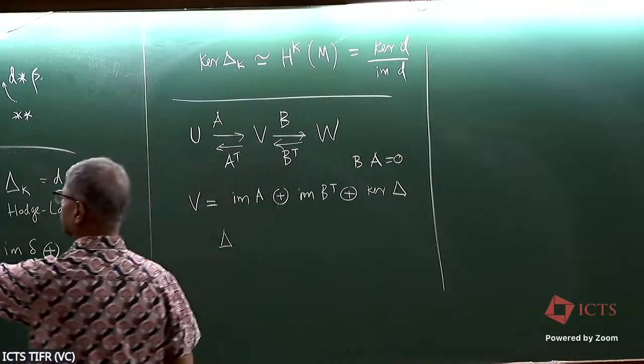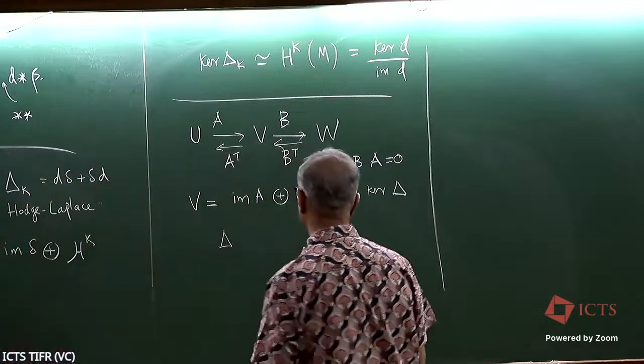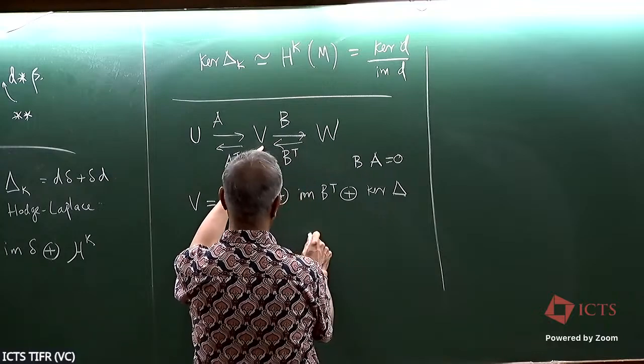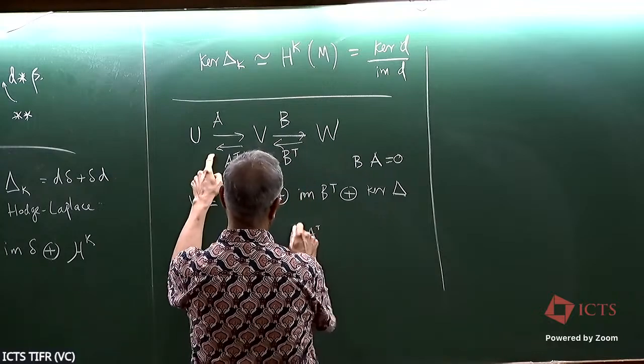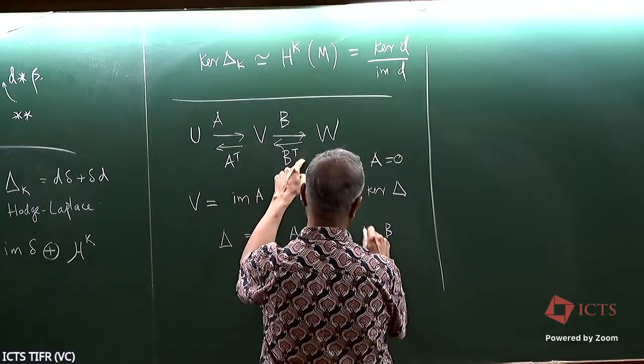So you just go like this and you go like that. That's what d delta plus delta d is. So the Laplacian is, you start here and you can do this followed by that, and this followed by that.